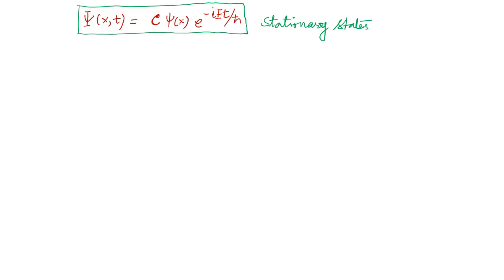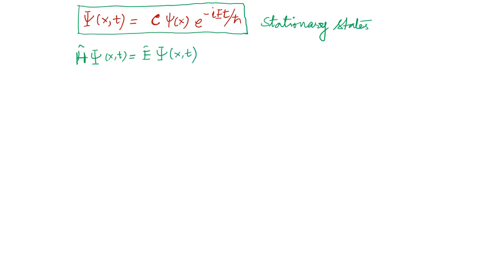So a stationary state psi is a state when the Hamiltonian times the wave function is equal to a constant, and that is the energy times the wave function. So write H psi(x,t) is E psi(x,t).